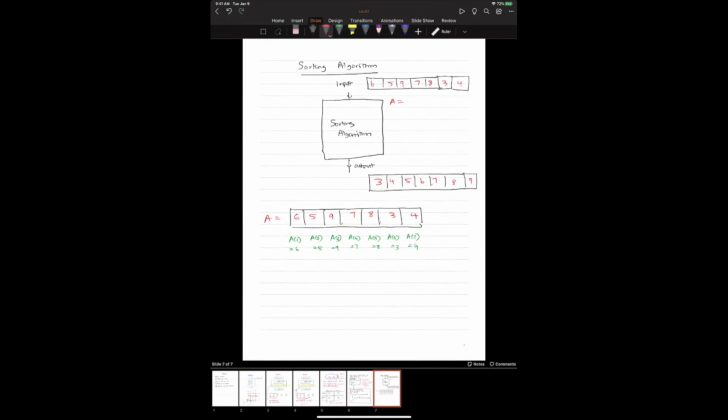We are going to change the goal. We are going to organize the numbers in A in a way that it is going to be this: 3, 4, 5, 6, 7, 8, 9.